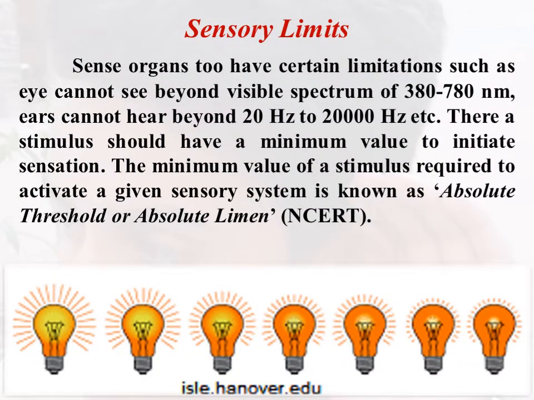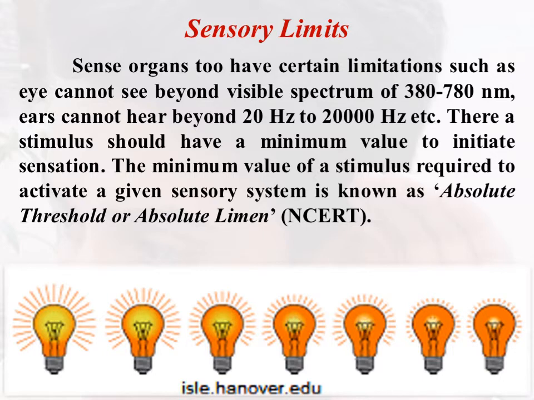It is not that your sense organs can see, hear, or taste anything, but they have certain limitations. Nature has provided limited scope. Human eyes cannot see beyond the visible spectrum of 380 to 780 nanometers.